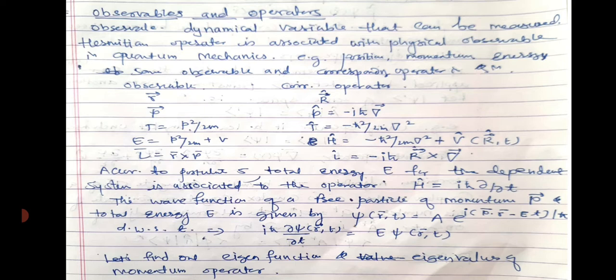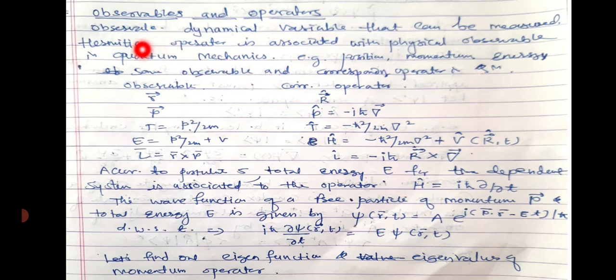The basic definition of an observable is that an observable is a quantity that can be measured. So we can say a Hermitian operator is associated with a physical observable.